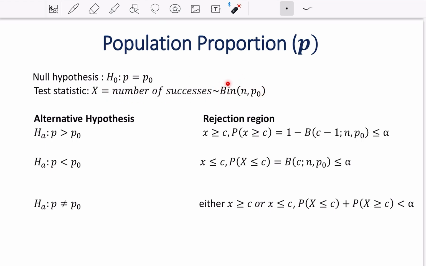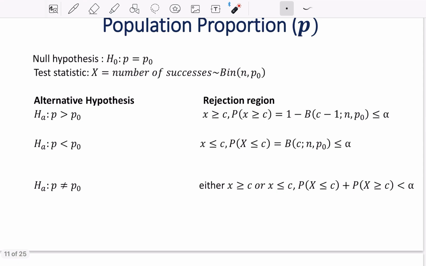And we say this follows a binomial distribution with parameters n and p naught, because under H0, we believe that p is equal to some hypothesized value, p naught. So as always, you have three alternative cases. You can either have an upper tail test, a lower tail test, or a two-sided test.